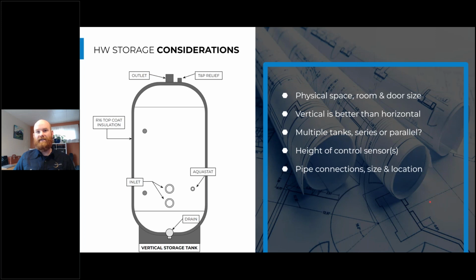Piping connections and sizes. If we're doing our tanks in series, the flow is going to go through those series tanks. So we want to make sure that our pipe connections are appropriately sized for that flow rate through the tanks. And then also, where are they in relationship to the top and bottom of the tank? If we're flowing in our top inlet and out our very top outlet, we're only going to use this volume of water, which means we have an unusable volume down there, which we're not actively heating or controlling to.